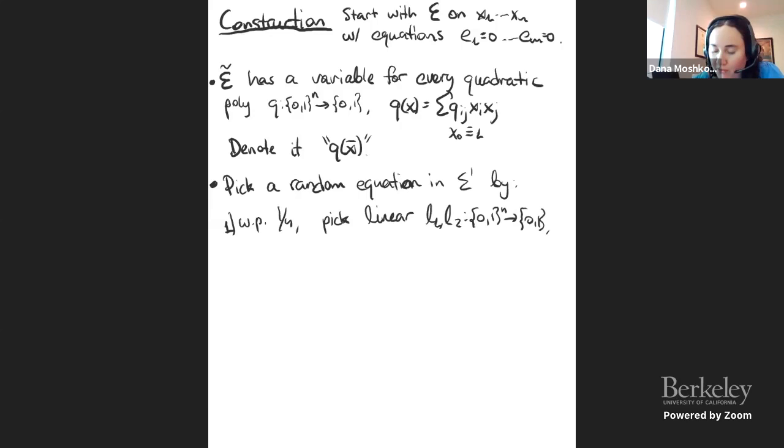Right, I said that quadratic polynomials for me are any polynomials of degree at most 2, in particular all the linear polynomials. So I would expect L1(x) plus L2(x) to be (L1 plus L2)(x).